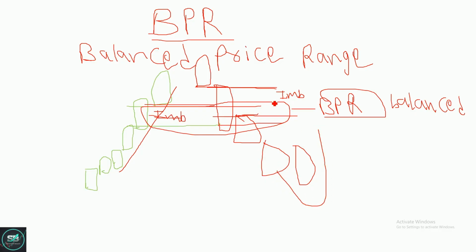Here it is an imbalance, here it is an imbalance, both overlapped each other and we call that area a BPR. Both FVGs are balanced, but the pending orders are still here, as this is a very high probability zone.